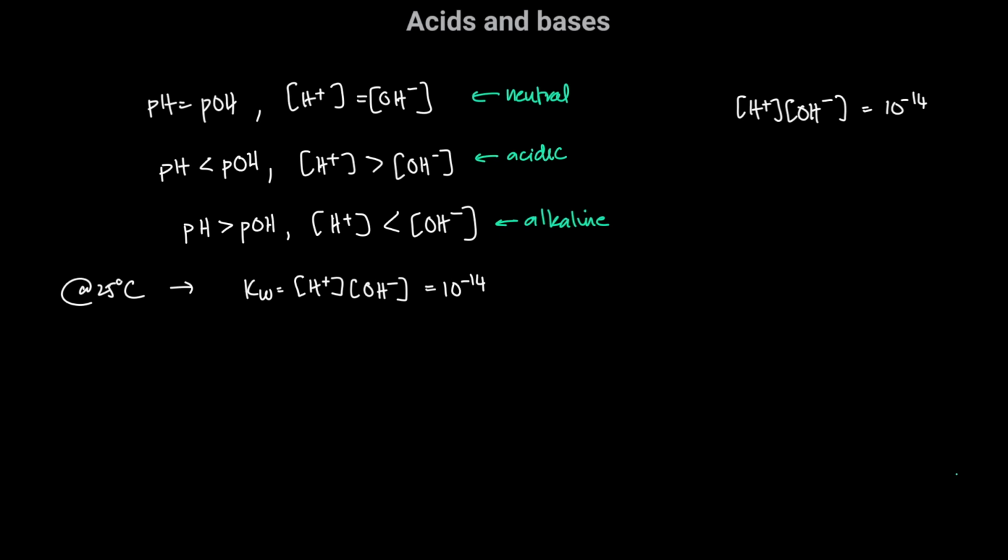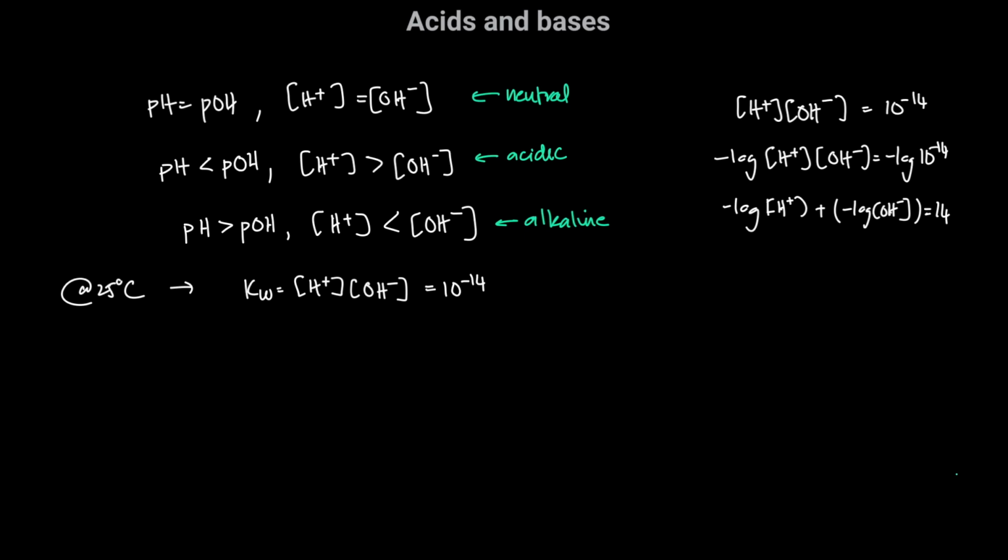Now, if we take the negative log on both sides, we get minus log of the concentration of H+ times the concentration of OH- is equal to minus log of 10 to the power of negative 14. This simplifies to minus log of H+ minus log of OH- is equal to 14.